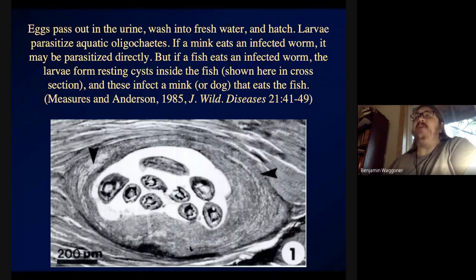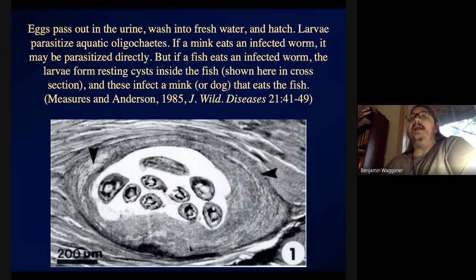A mink that happens to eat an infected worm can be parasitized directly. That doesn't happen all that often. I don't think mink deliberately seek out nearly microscopic oligochaetes to eat, but they could end up getting them in with the rest of their food, perhaps.